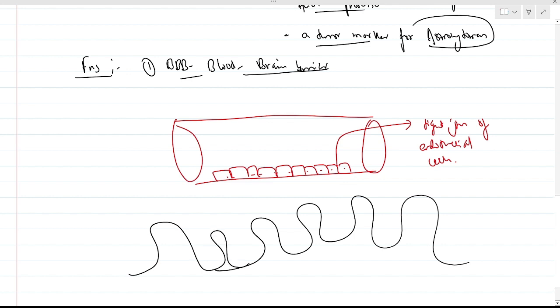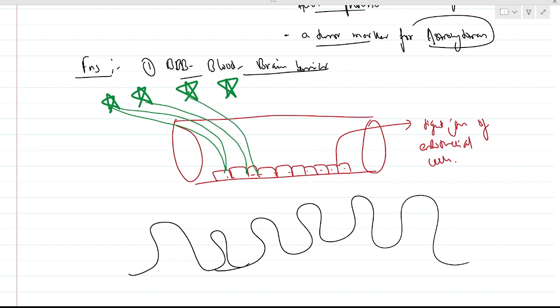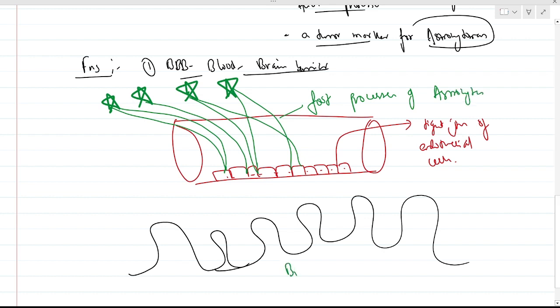Here we are going to draw the astrocytes, these star-shaped cells. These astrocytes have something called foot processes, the foot processes of astrocytes. This is brain matter.